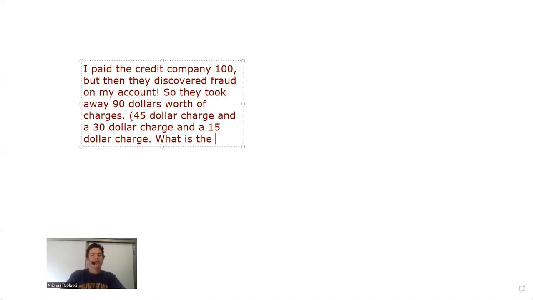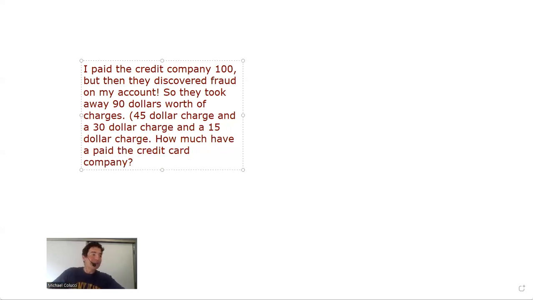How much have I paid the credit card company? So to write this in math symbols, it might make sense to think about all of this in terms of debt. This is all money I paid. I started with negative $100. That's how much I paid.